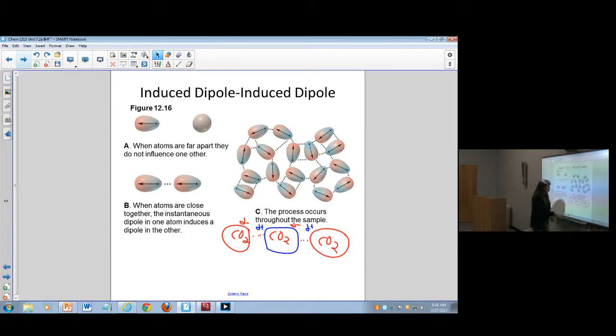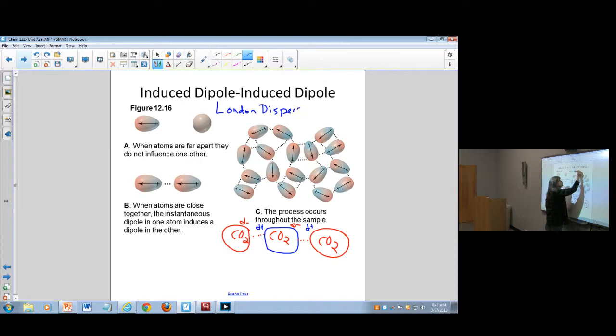Now, these are also called London dispersion forces. Also, you'll see them as LDF, London dispersion forces. And I want to make it clear that because electrons move around in every molecule, every molecule has London dispersion forces.